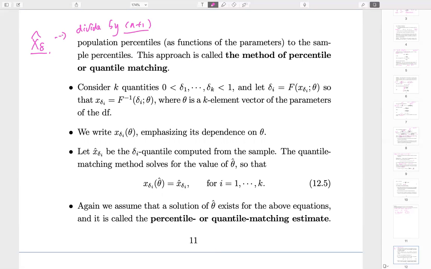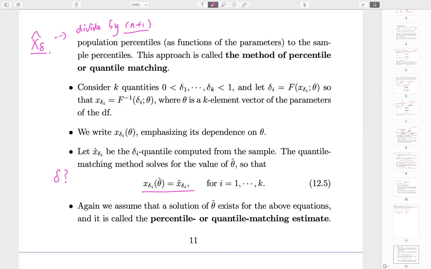So when you do the quantile estimation, you actually need to divide by n+1. That's what we dealt with in the last chapter, under the non-parametric estimation. Other than that, everything is just as expected, right? But here, we don't have an exact criterion as to what delta should be chosen, right?